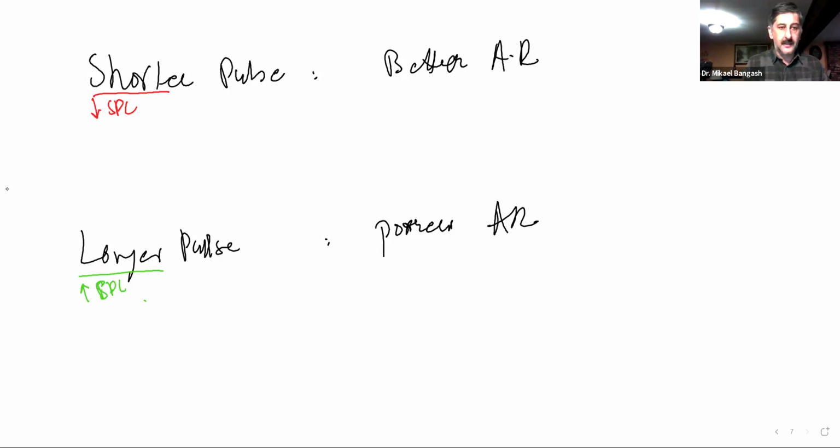Okay, how did we get this shorter pulse? You could get it because the pulse had a low number of cycles, and or if those cycles had a low wavelength, right? Did you guys get that?